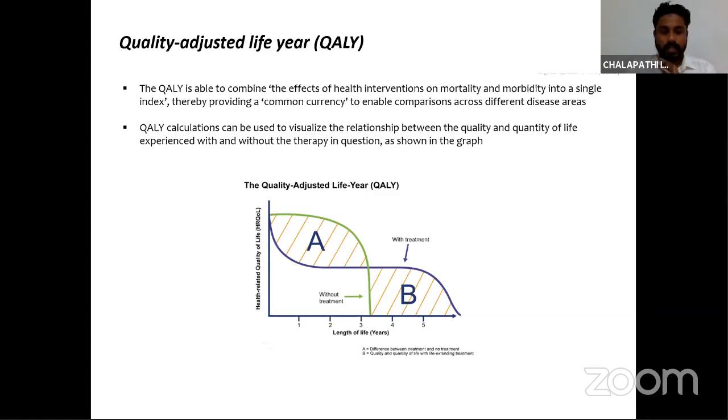When you give intervention B, the quality of life will be decreasing, but years of life will be increasing. So this is one concept of quality adjusted life.